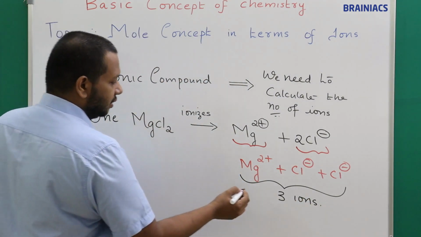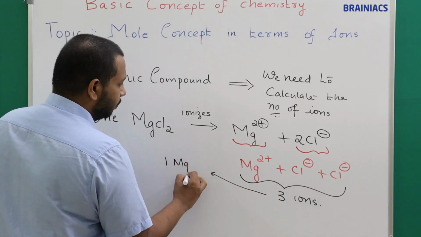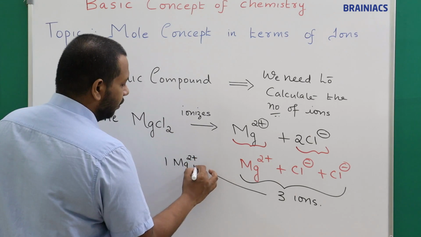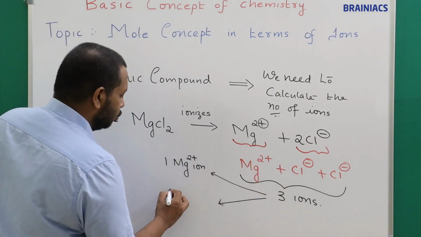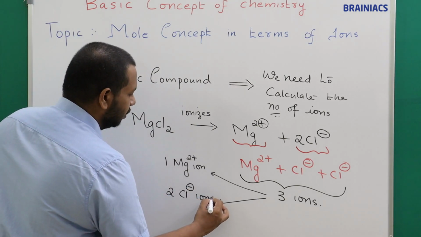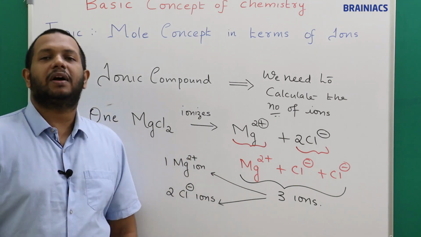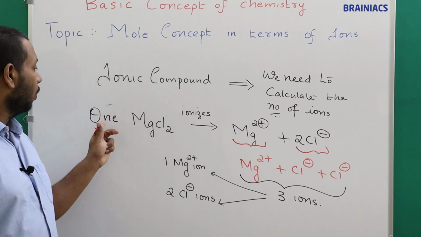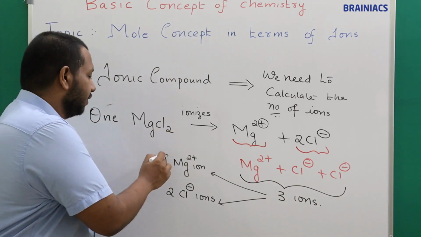So I can say 1 Mg2+ ion and 2 Cl minus ions I have got. That is, from one ionic compound, I am getting 3 ions.